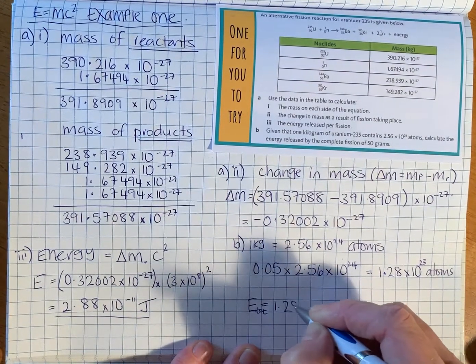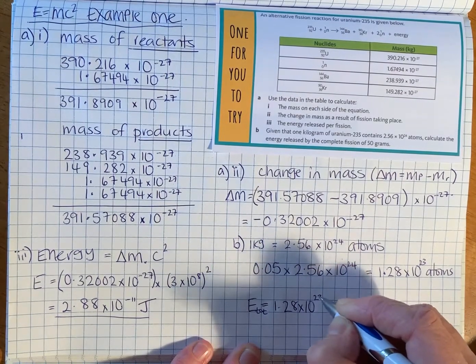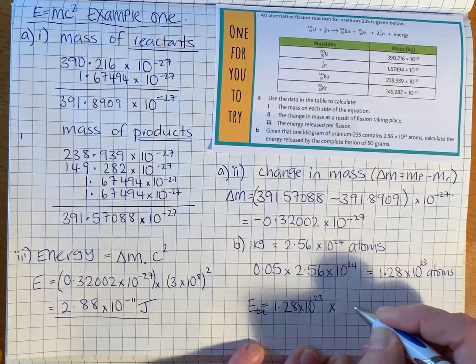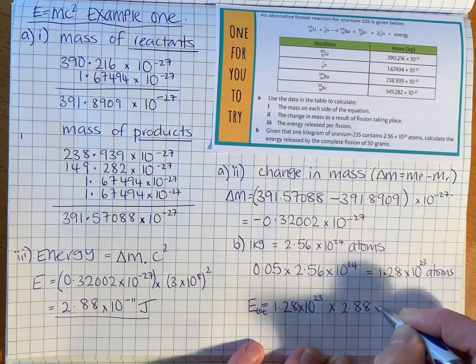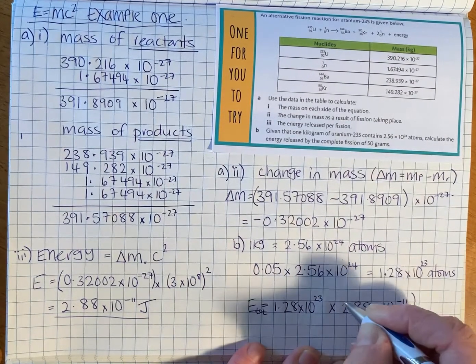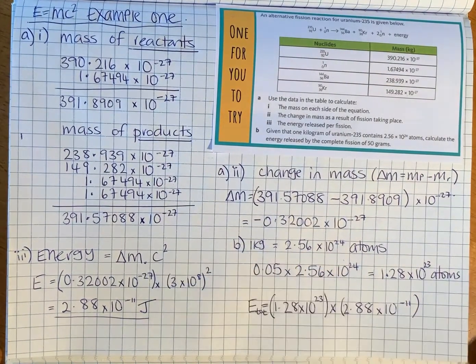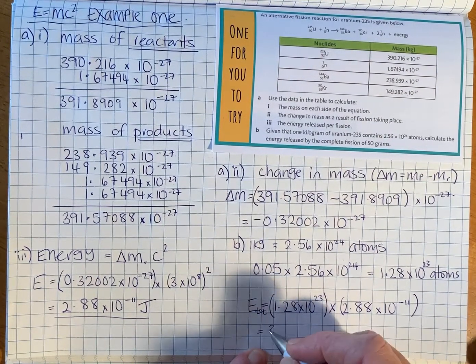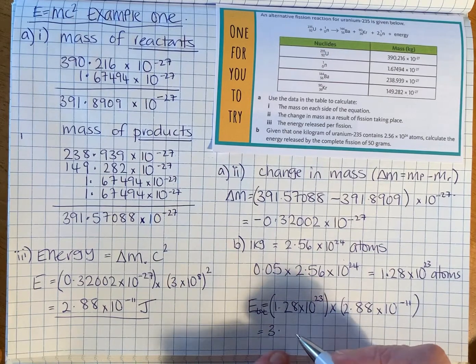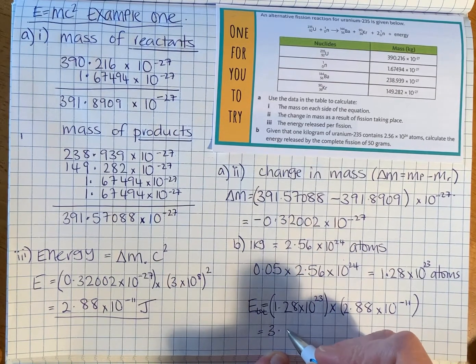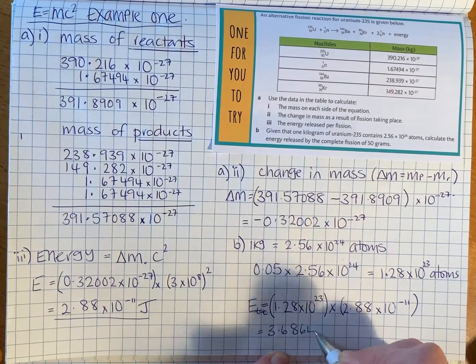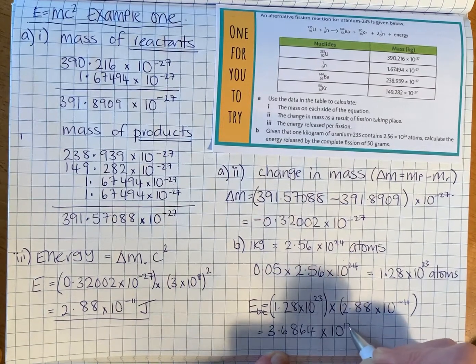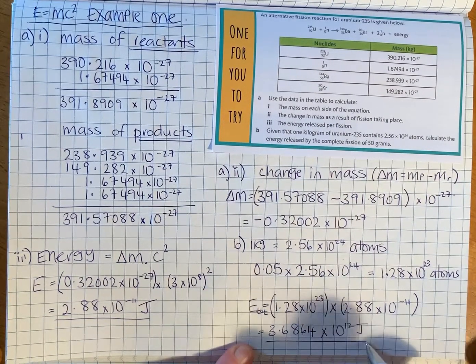So it's 1.28 times 10 to the 23 nuclides, and each one gives out 2.88 times 10 to the minus 11 joules of energy. Okay, and when you multiply all those together carefully in your calculator, you should get 3.6864 times 10 to the 12 joules of energy.